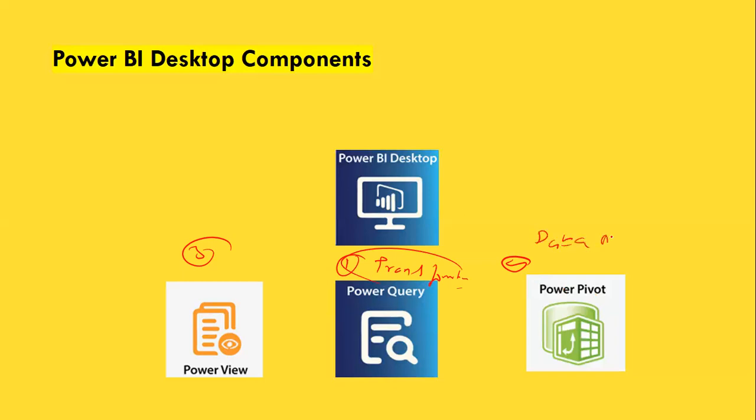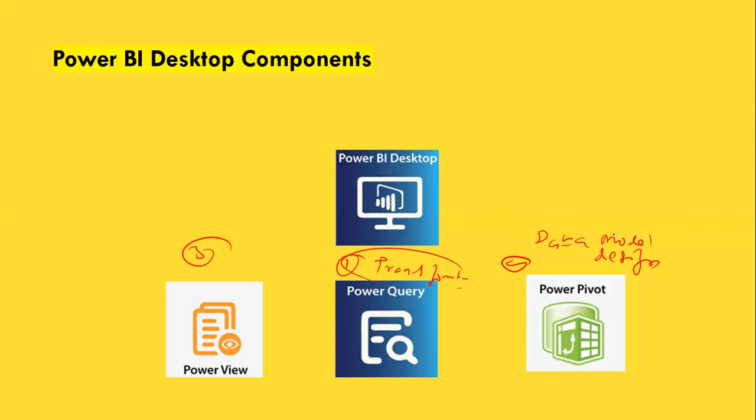This is mandatory, especially when you use more than one table or file. You need to do the data model design. Without data model design, you cannot do the filtering. Okay. And this is kind of your blueprint. Before you construct a house, you need to have the blueprint. Same way, before you build any application, the data model design is important.